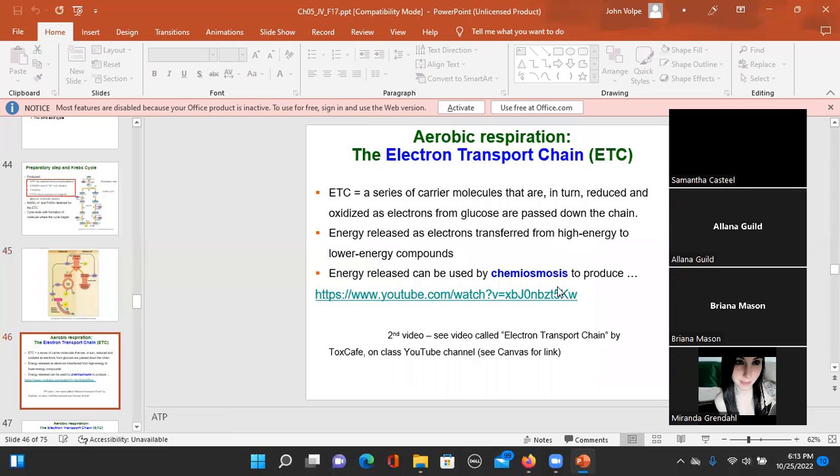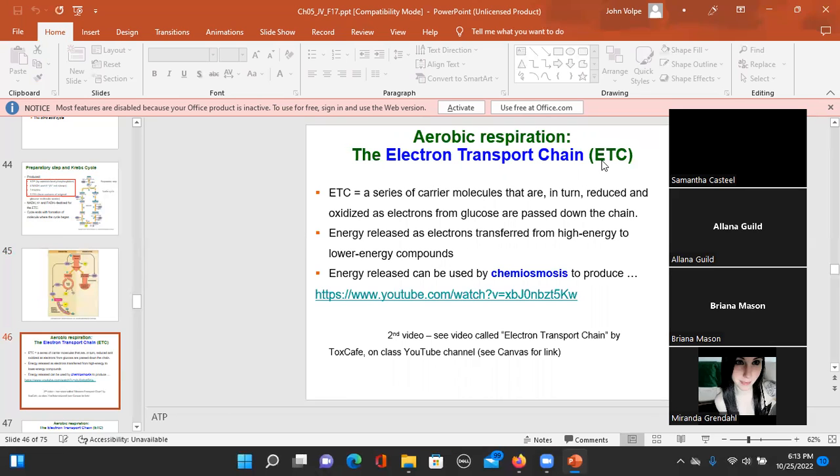All right, so the electrons are carried by NADH and FADH2 to the electron transport chain. The electron transport chain does have a couple of names. The book tends to call it the electron transport chain, and I will too.